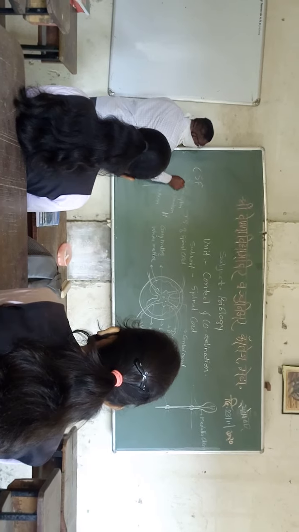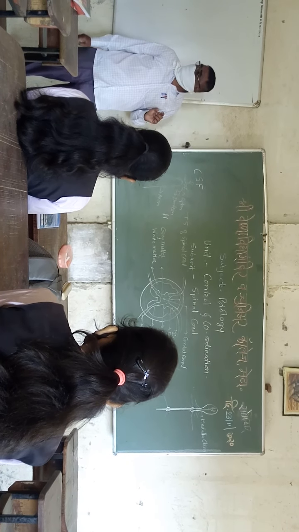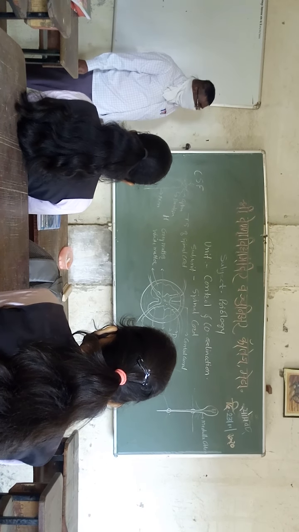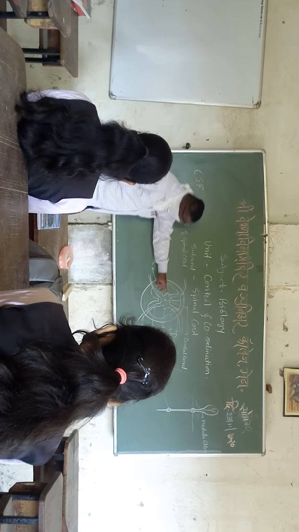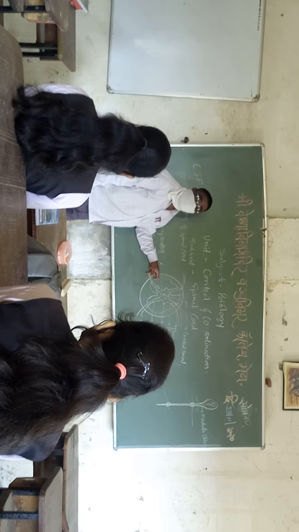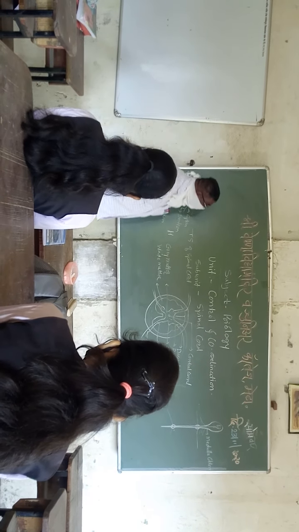Cyton contains Nissl granules, and due to that, it looks gray in color. In the gray matter, cyton is present, and in the white matter, axon and dendron are present.